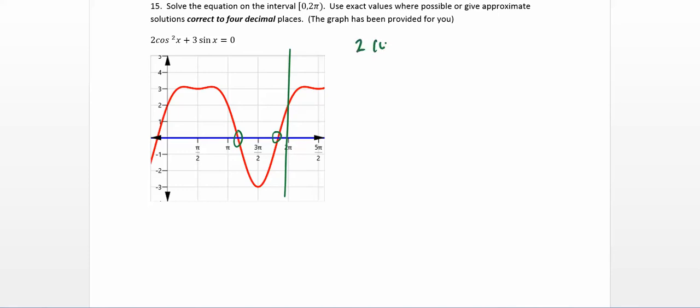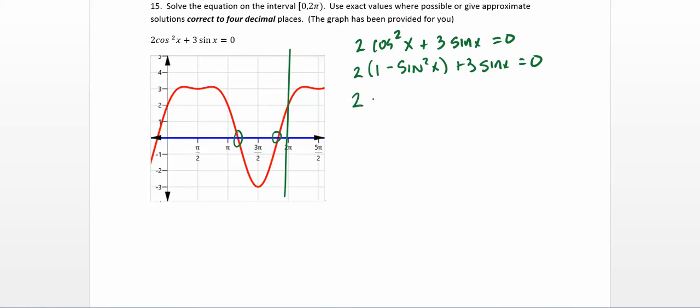I have 2 cosine squared x plus 3 sine x is equal to 0. So I'm going to go ahead and change everything, use identities. So I'm going to have 2 times 1 minus sine squared x plus 3 sine x is equal to 0. So I use the trig identity.